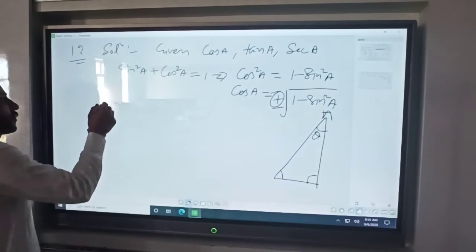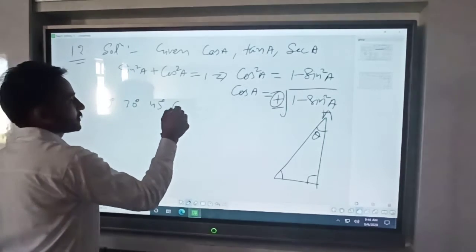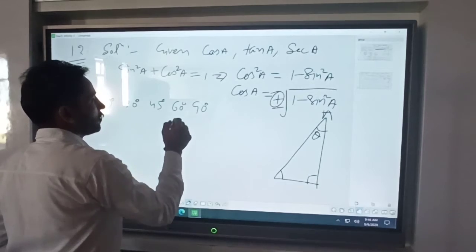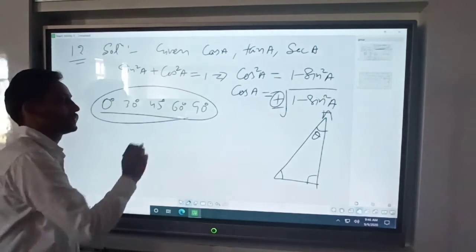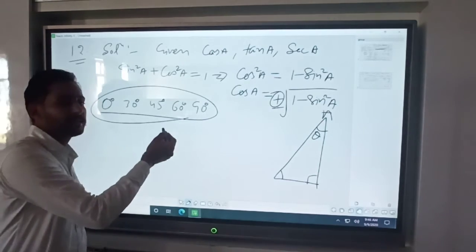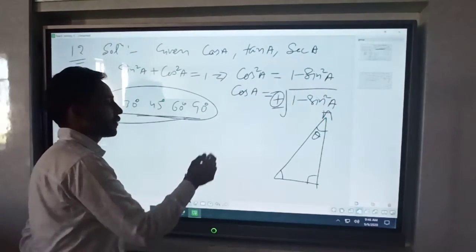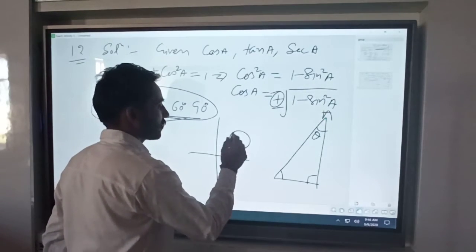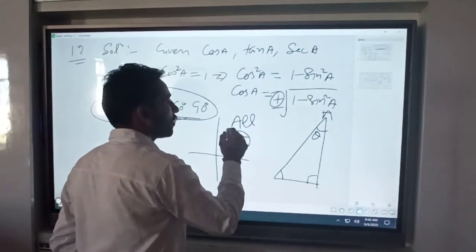the value of cos 0, cos 30, cos 45, cos 60 and 90. सभी की वैल्यू हमने फाइंड की थी. These all are acute angles. Any theta is never negative in the first quadrant. These acute angles lie in our first quadrant. This is our first quadrant. In the first quadrant, all angles are positive.